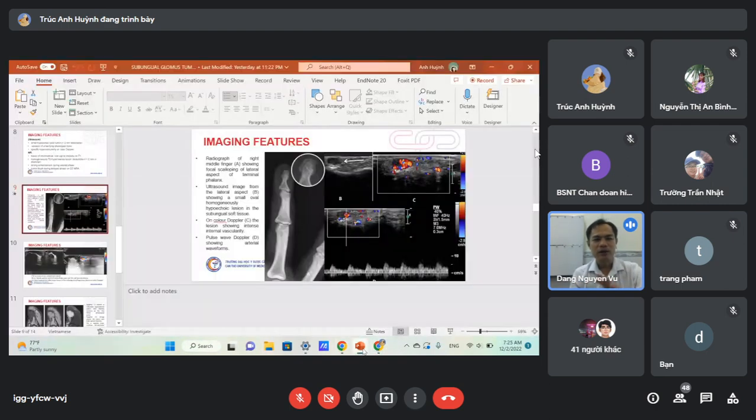So on the radiograph, usually you don't see any change. But if you see a change of the bone of the distal phalanx adjacent to the fingernail, then you may think of that.